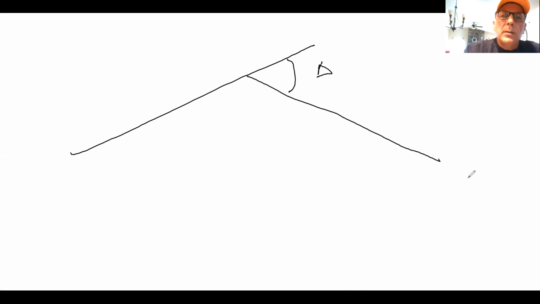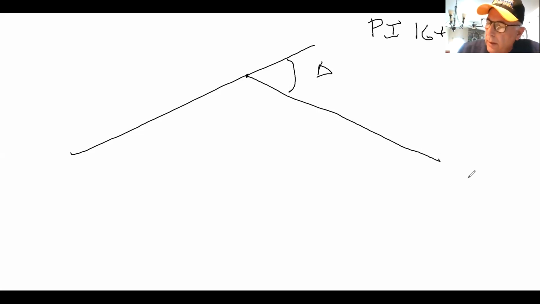Also, we know that this point right here is the PI, and the PI station was 16 plus 94.50. I am going to use that information to begin our calculations.